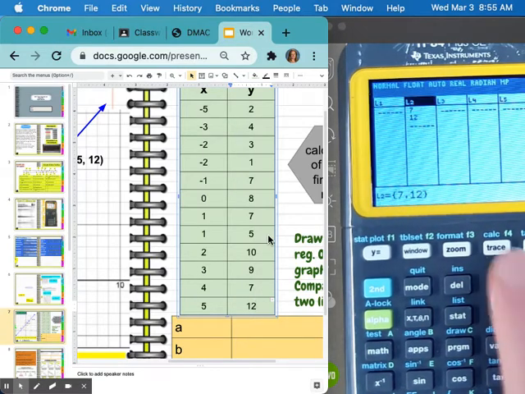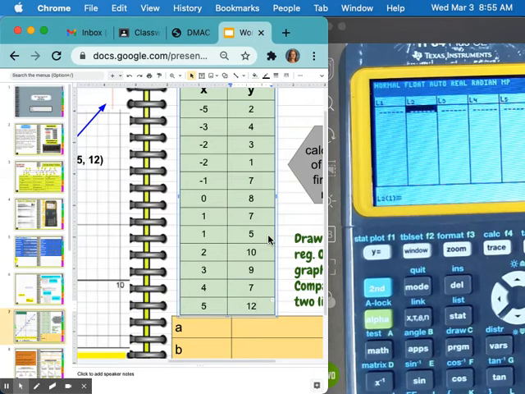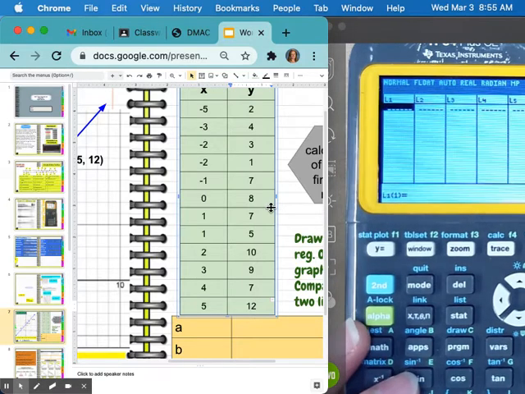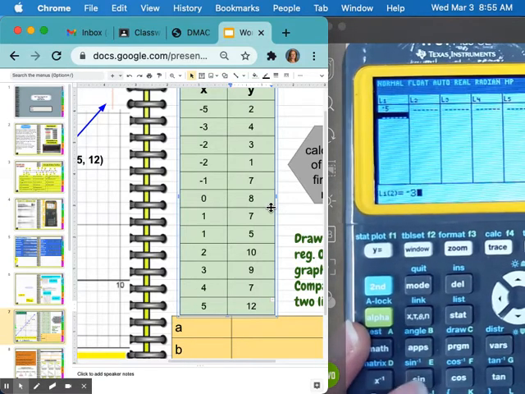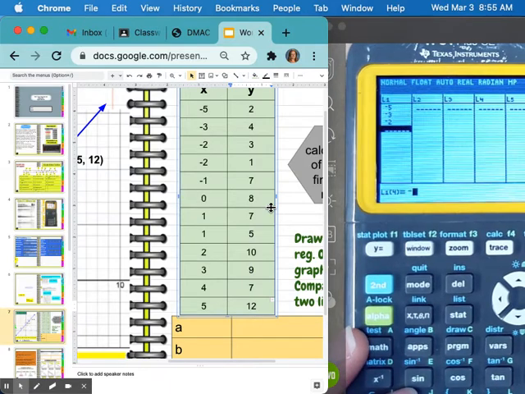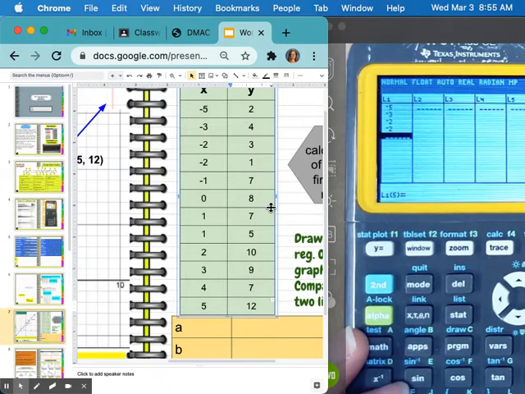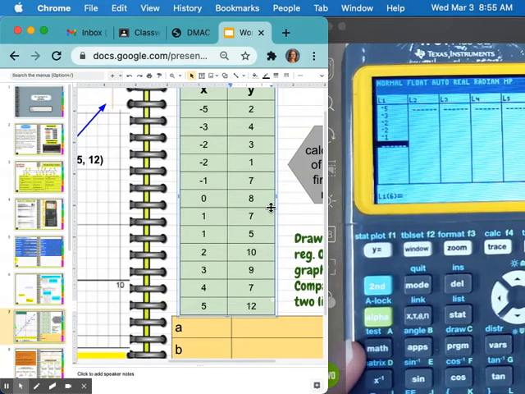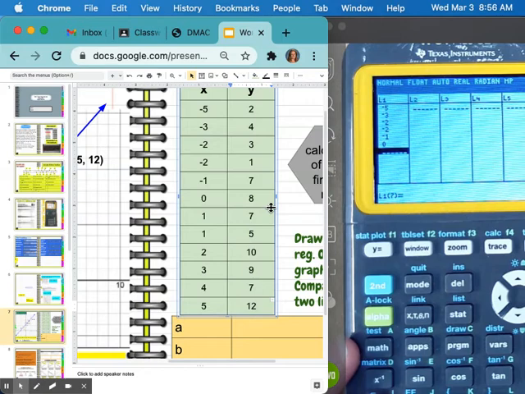And I go over up to L2, clear, enter, and it clears that column. So now I have everything fresh. So go ahead and put these in. Put in the X values in L1. And as you go along, make sure you're double checking yourself because it's easy to let a finger slip and then it doesn't work.